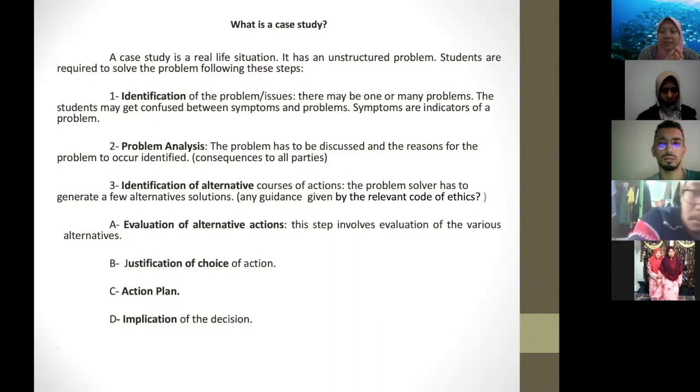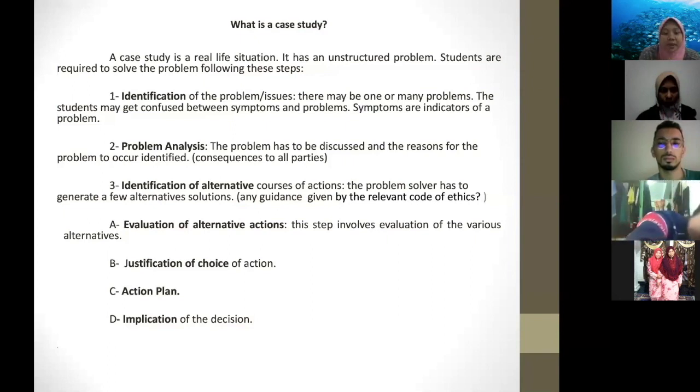Sometimes there are many problems, so there are a few symptoms, and you need to read carefully to link which symptoms belong to which problem. As a case study, there's no right or wrong. It's very subjective. It's not like 1+1 is 2. There might be many different answers, so you need to really understand it and answer in your own way.